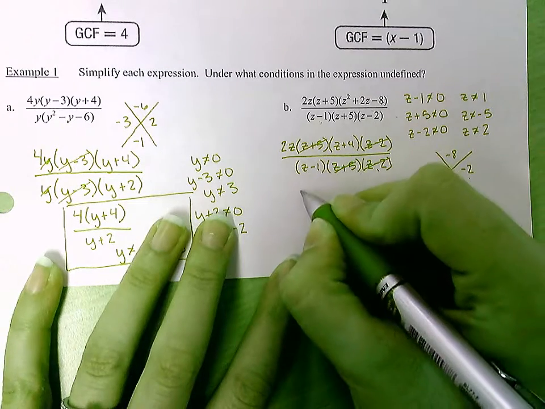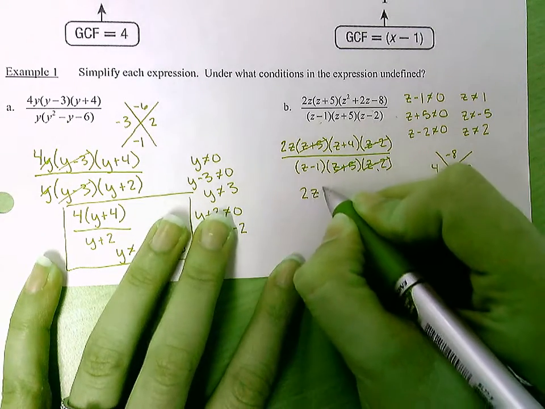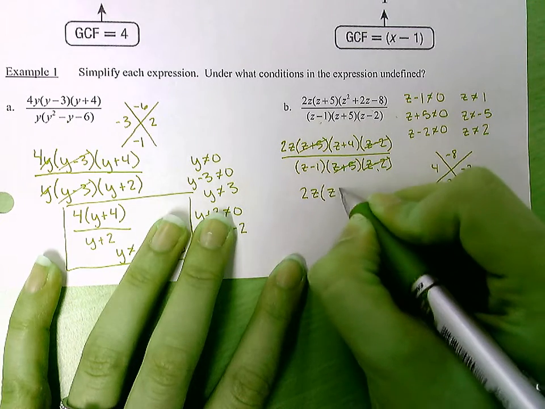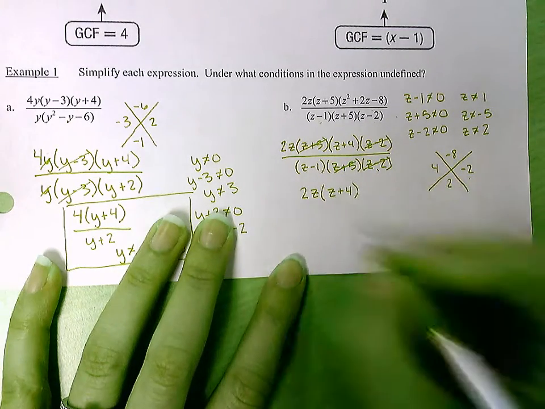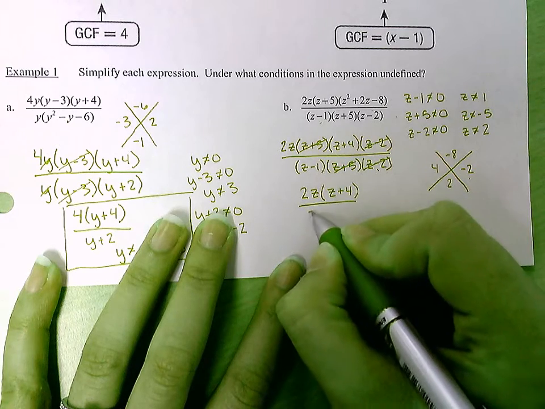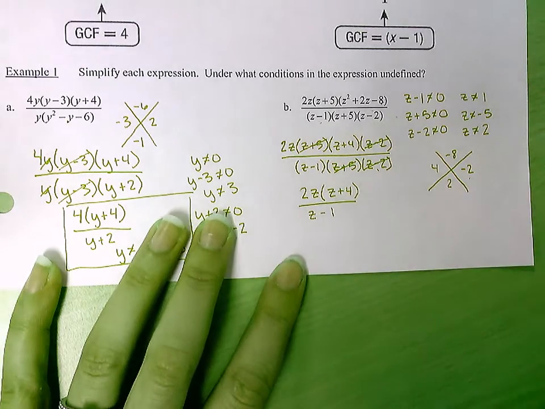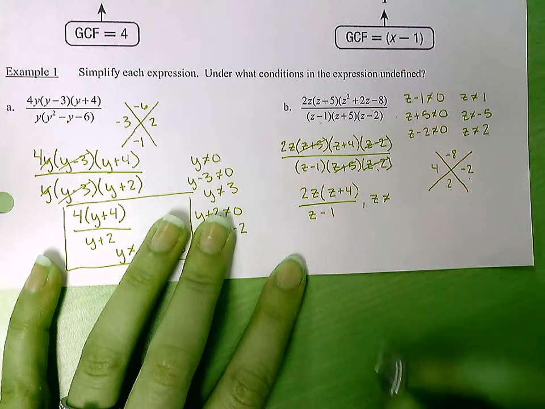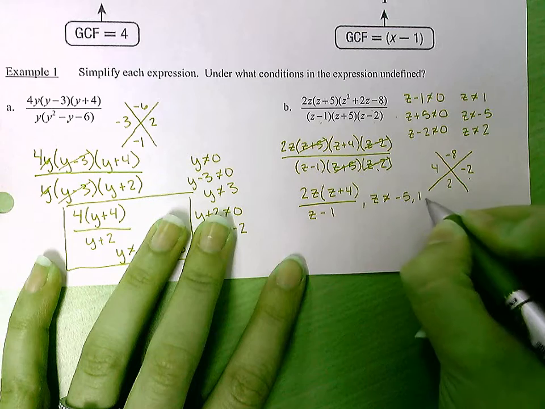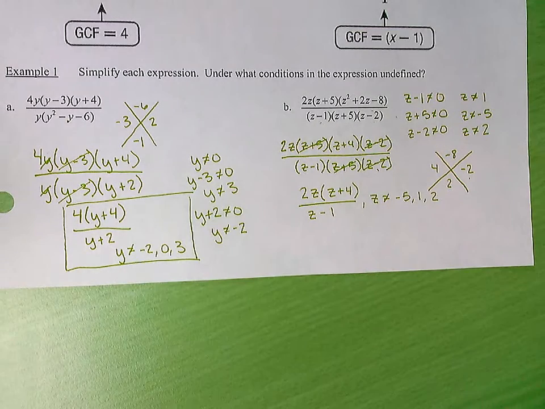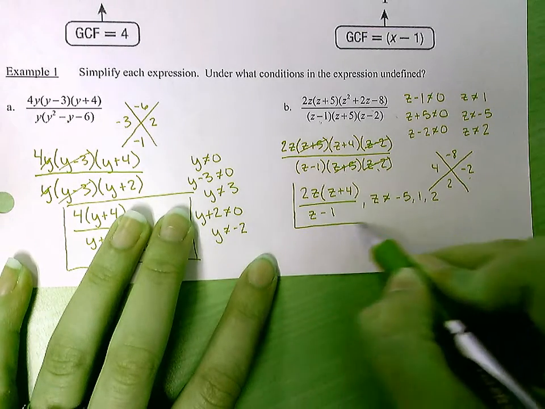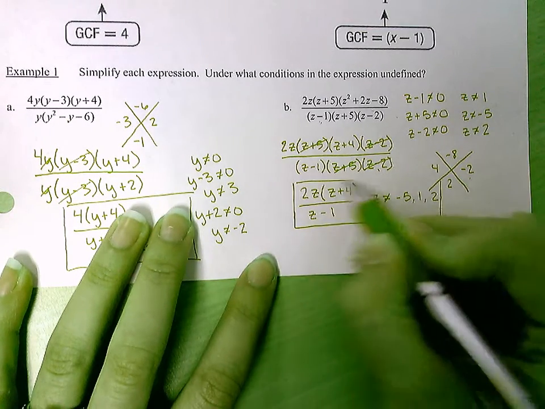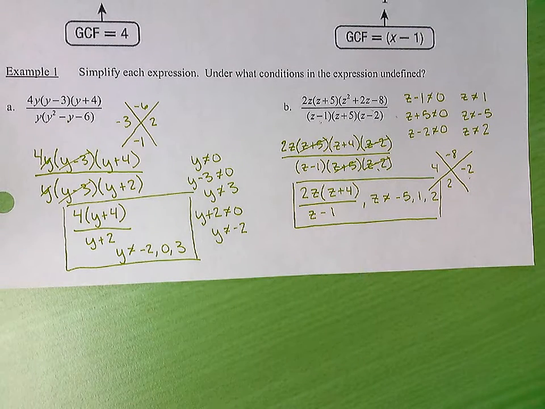So rewriting this, we have 2z times z plus 4 over z minus 1. Okay, and then z cannot equal negative 5, 1, or 2. Okay, and that would be your simplified expression.